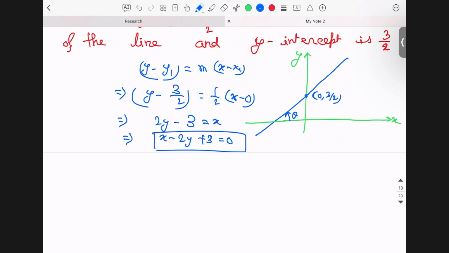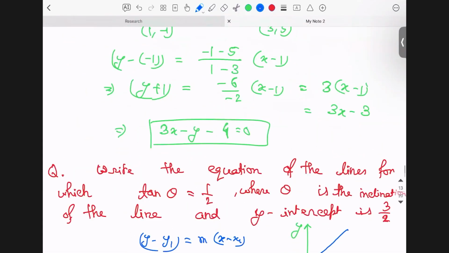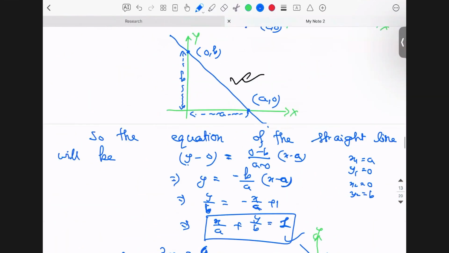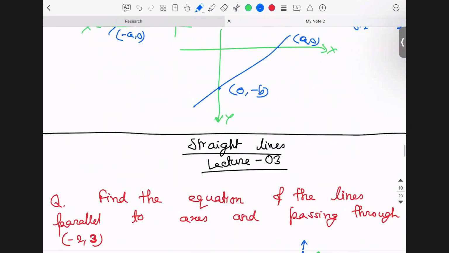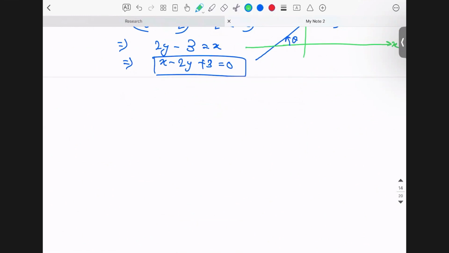Right? But this is the equation of the straight line. How can we write it in y-intercept form? Just put y there and you can get the form. But also you can use the y-intercept form formula and get the same answer. Like here, y equals mx plus c.